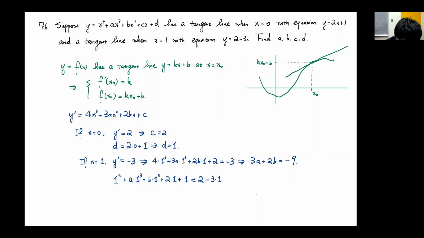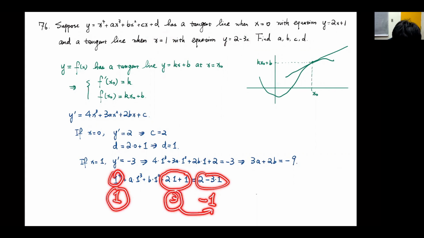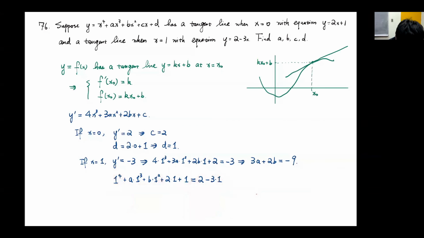Basically what I'm doing on the right is plugging x equals 1 into the line equation over here. This will be the second equation regarding a and b. Now let's simplify it. On the right-hand side I get minus 1. On the left I get 3 and 1. If you move the 1 and 3 from the left to the right, I get minus 5 on the right-hand side, so what remains on the left is a plus b. That way I get a plus b equals minus 5.